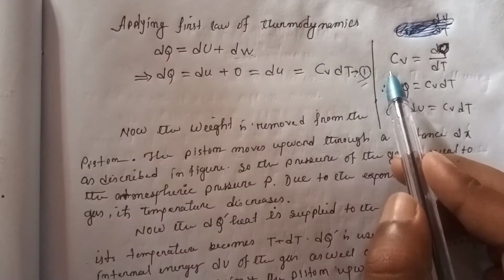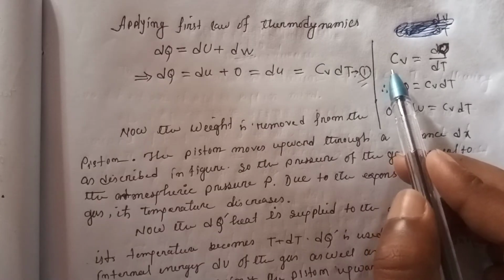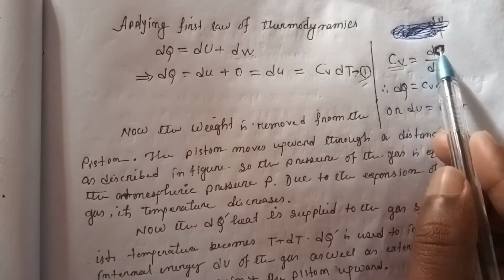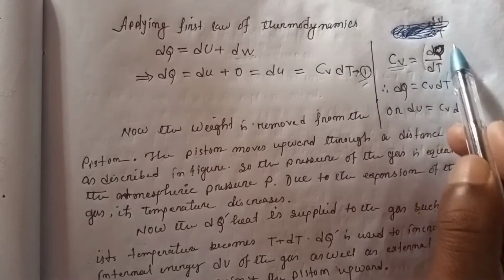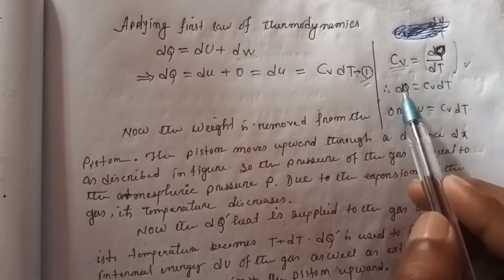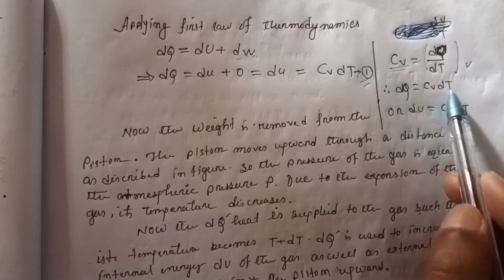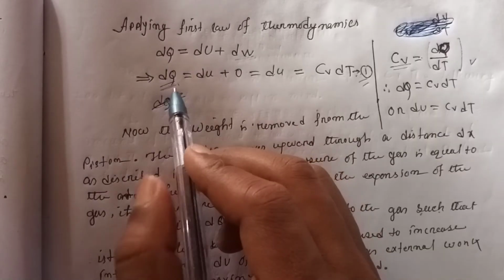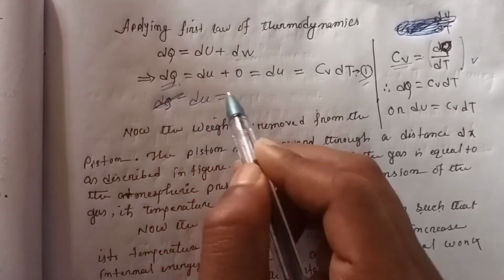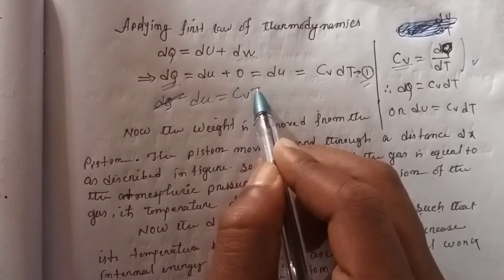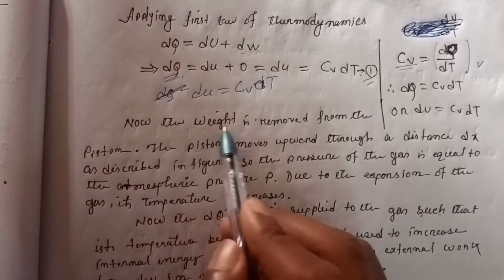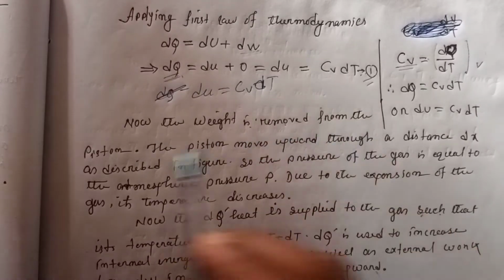And we have discussed the definition of Cv, which is equal to dq by dT at constant volume V, from where we get dq equal to Cv dT. Putting the value of dq in this equation, we get dU equal to Cv dT.